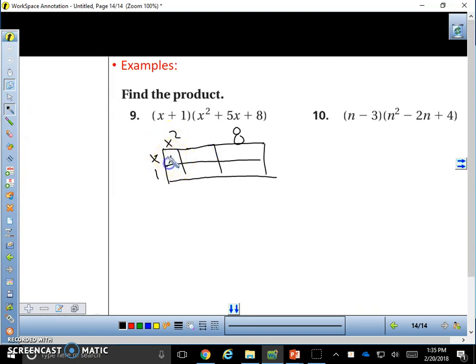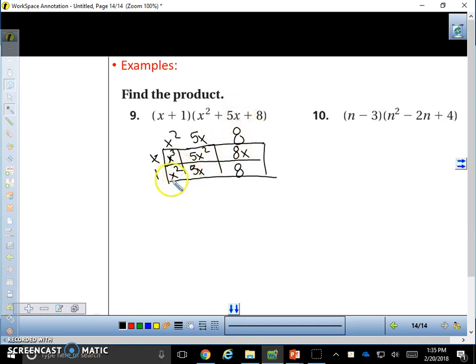X times x squared is x cubed. Just add 1 to the exponent. X times 5x is 5x squared. 8 times x is 8x. X squared times 1 is x squared. 5x times 1 is 5x. And 8 times 1 is 8.